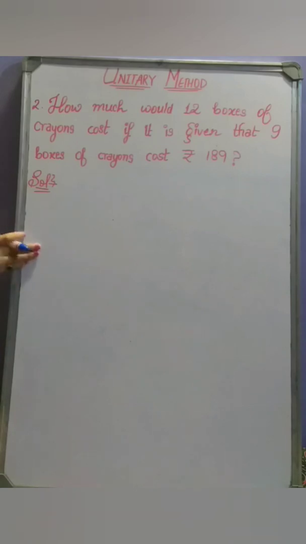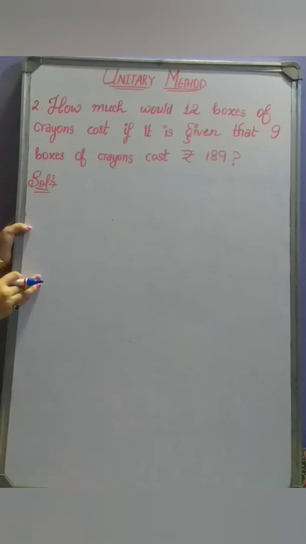So guys, this is the same question, and this question now we will solve in the method of proportion. So as we know that 9 boxes of crayons cost rupees 189. So they are asking us how much will 12 boxes of crayons cost. So as we know, if 9 boxes of crayons cost rupees 189, 12 boxes of crayons will obviously cost more than 189. So it's direct proportion.